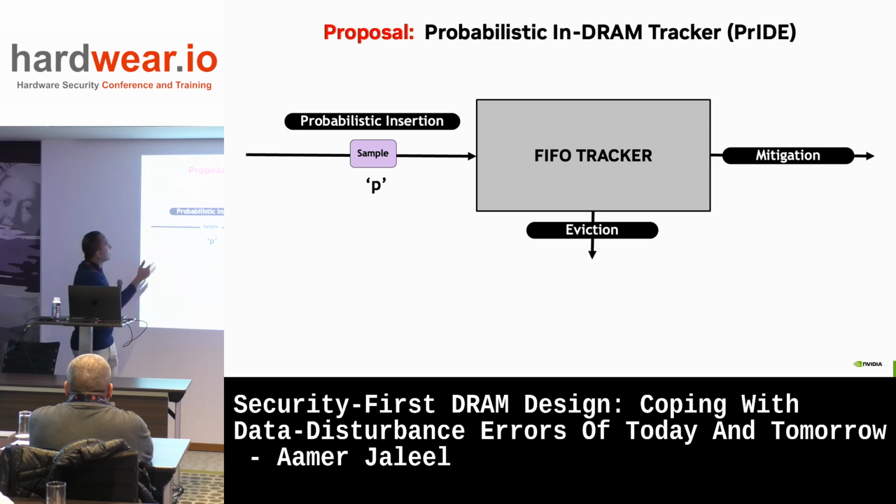So we're going to take a probabilistic approach. We're going to sample the addresses and insert them into the tracker. So now the question is, what should be our probability for insertion? If we use a very high probability of insertion, we'll be causing retention failures. If we have too low an insertion probability, we'll probably be getting tracker insertion failures. What should this probability be?